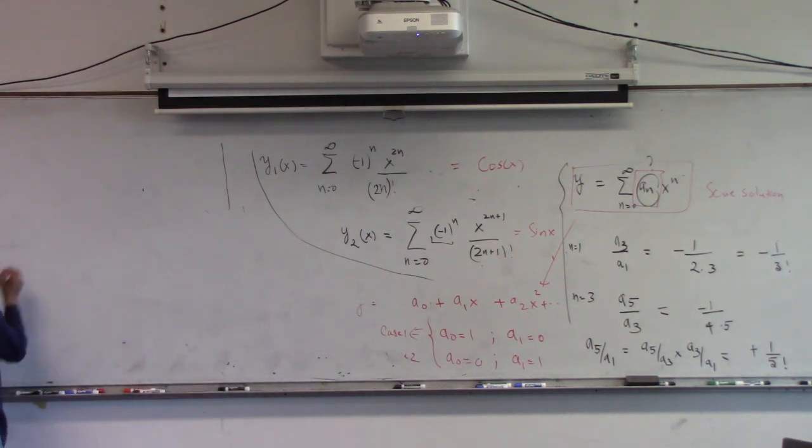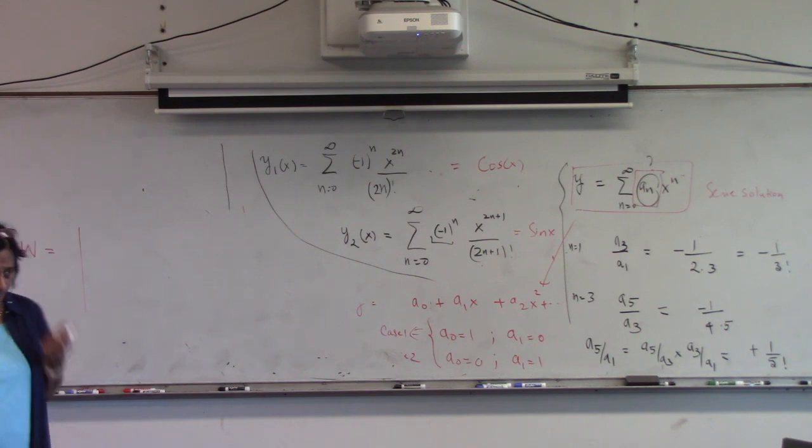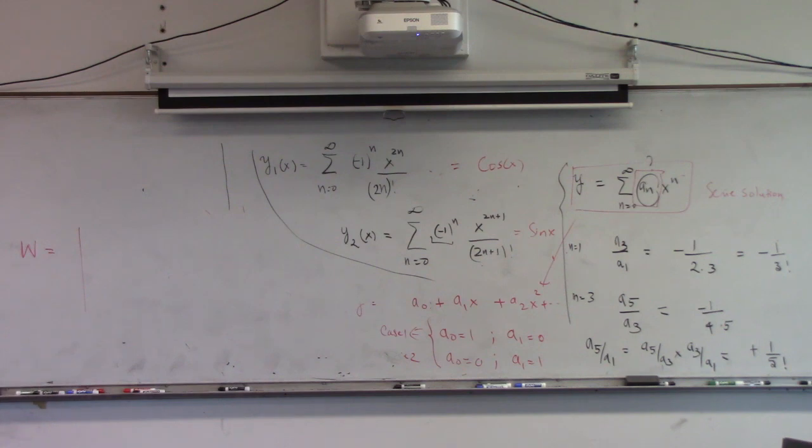So what's the Wronskian in this case? Just check whether they're linearly independent solutions. Wronskian is nothing but the determinant of y1, y2, y1 prime, y2 prime, right?